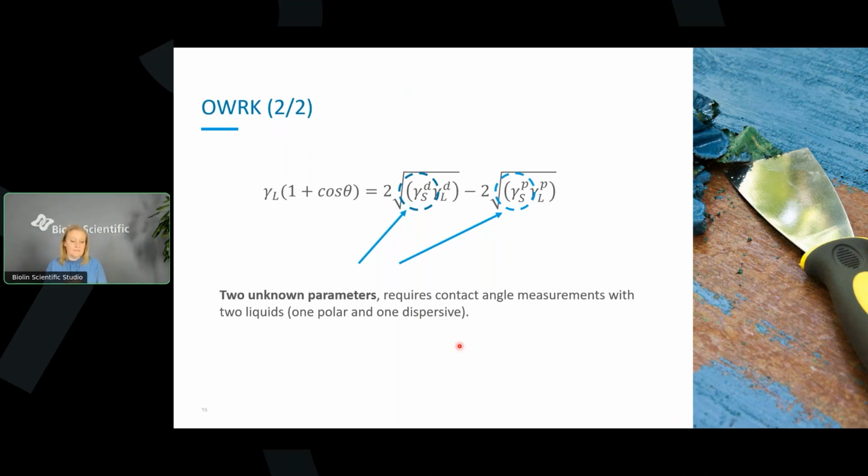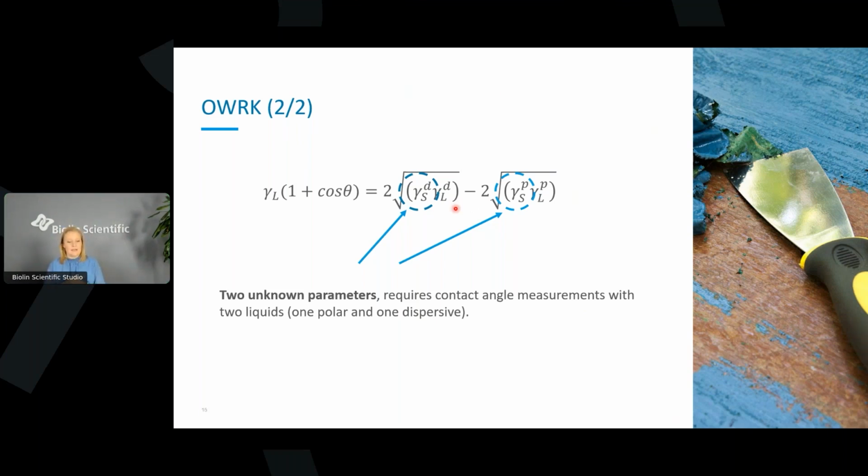But here, really what is significant is that when we get the equation into this format, we can see that we have two unknowns. We have the dispersive component of the solid and the polar component of the solid.